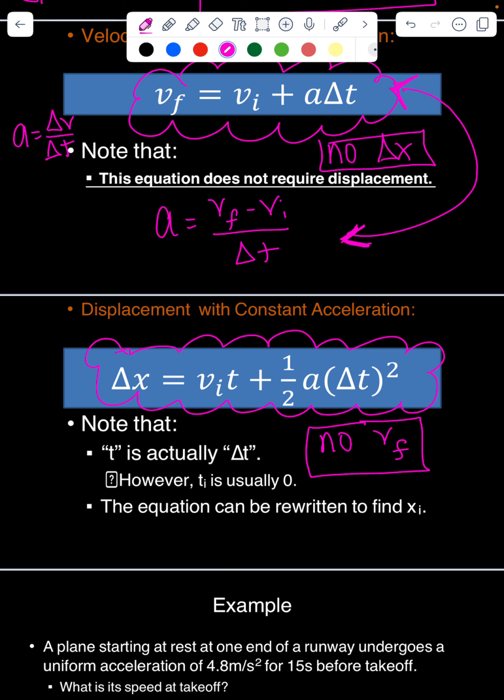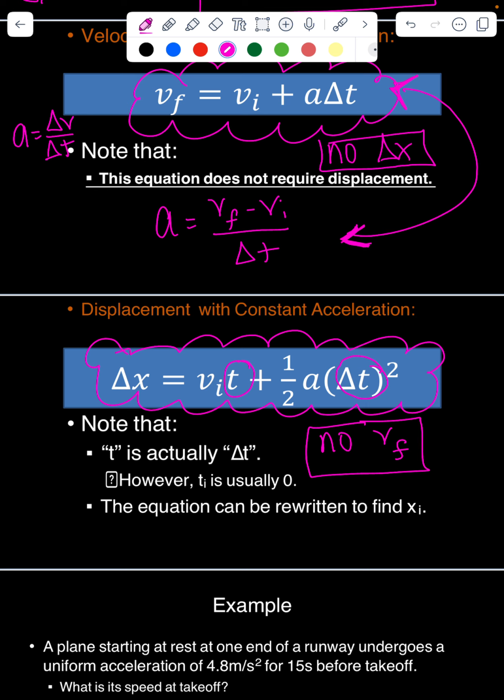Time is right here and it is right here. So you have time in two different places, and in one of those places, it's being squared. Not saying that it's impossible. I'm just saying that we might not want to use that to solve for time.